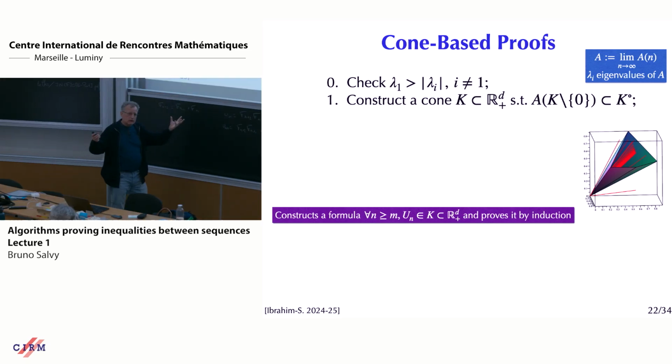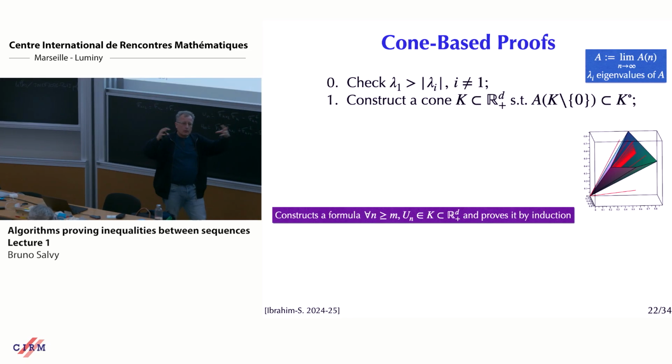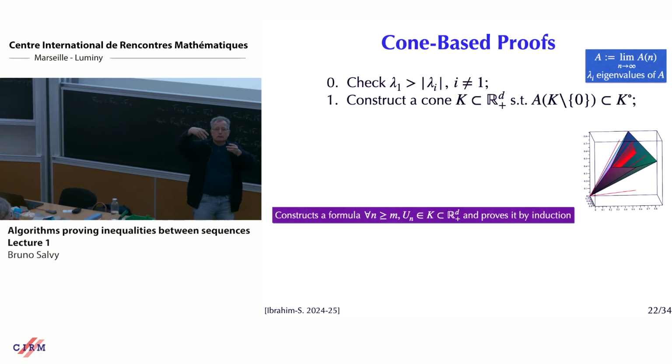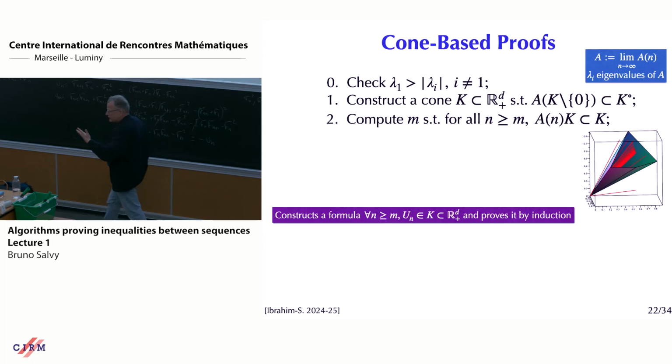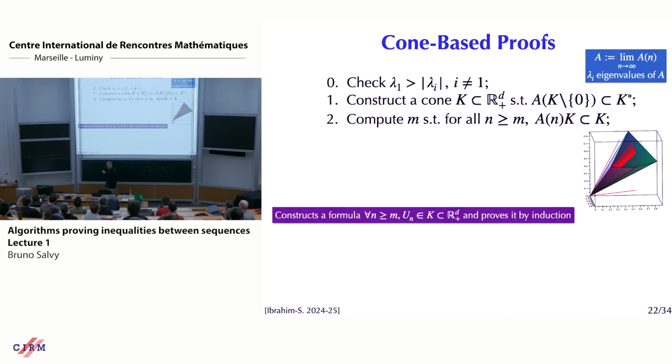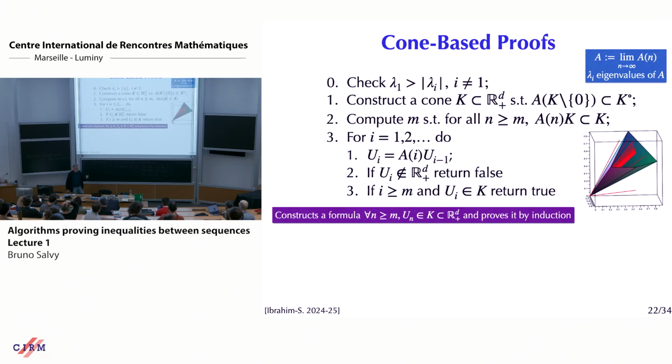If it's contracted, it means that for n large enough, it's at least invariant. It's even contracted for n large enough. So you find an M such that for n larger than M, A_n(K) is inside K. So that's step 2. And then you check the initial conditions, which means that you compute the values. If they are not positive, you're done, it's false.